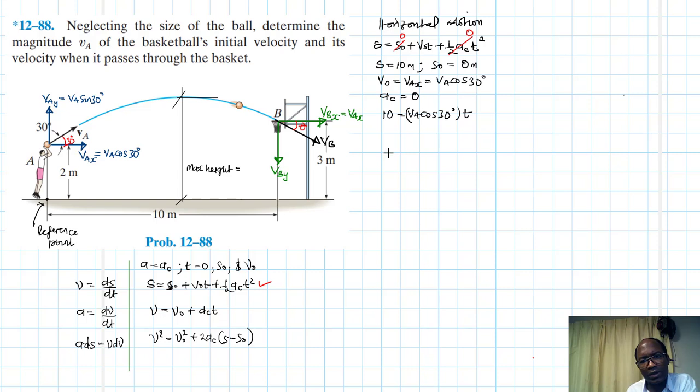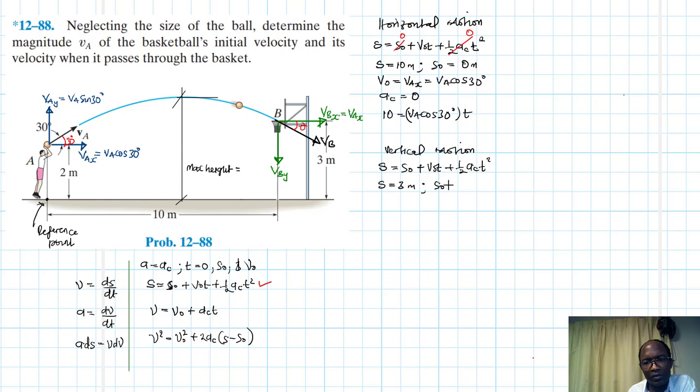Let's go to the next, the vertical motion. In vertical motion, we're using the same equation. We just change the values. So here we have S, which is the final, equal to 3.